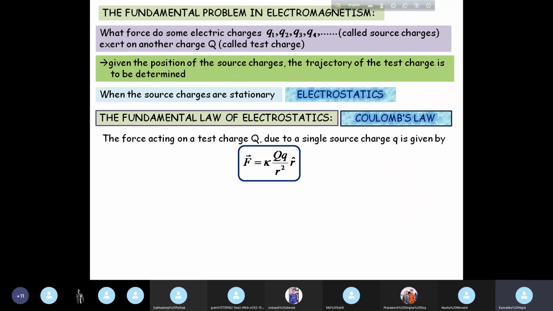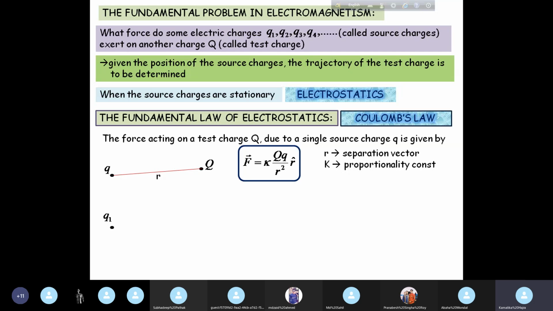Force is equal to some constant k times q by r square, r vector, where you have this source charge small q, and this is the test charge capital Q, and this is the distance between them, r. All right, so small r is the separation vector when you give the vector sign, and this k or kappa is the proportionality constant. Clear to all of you?